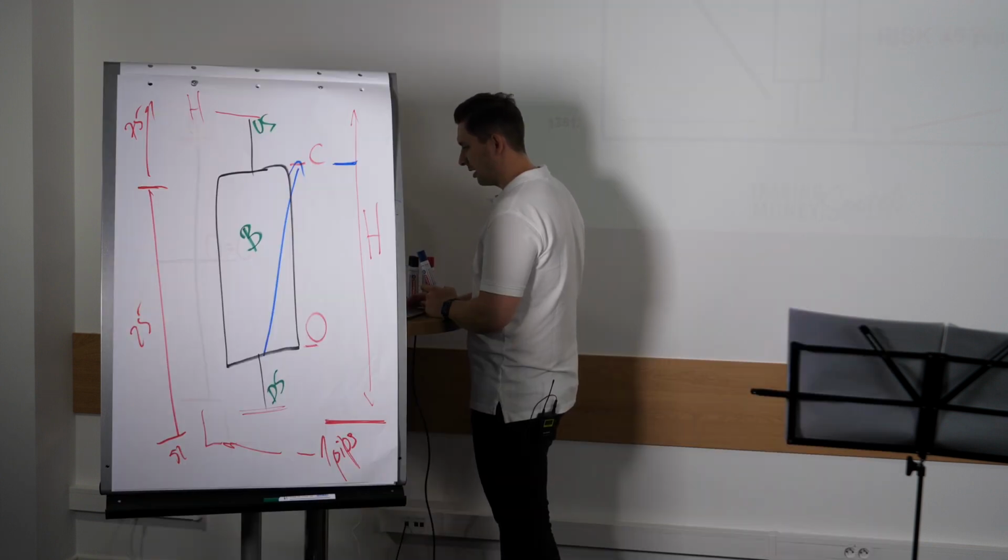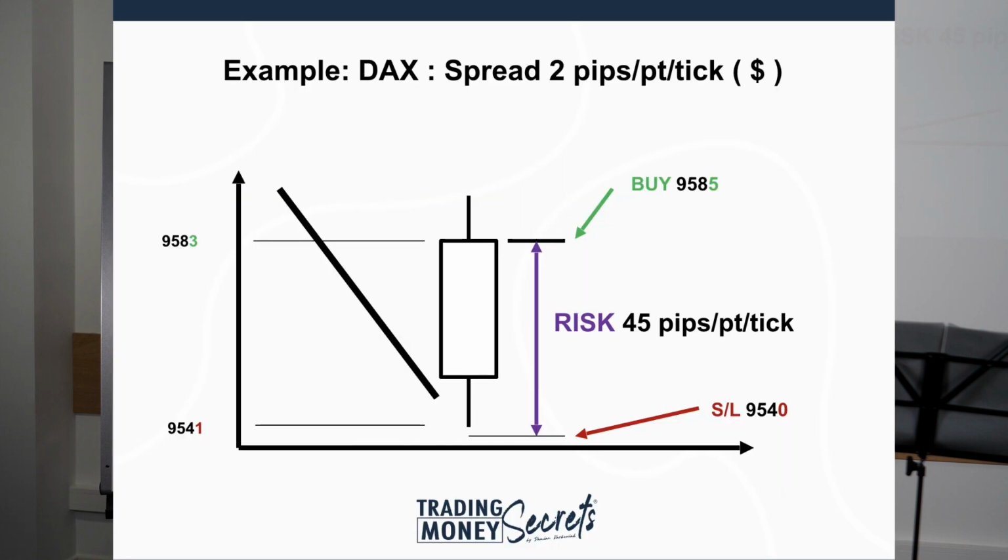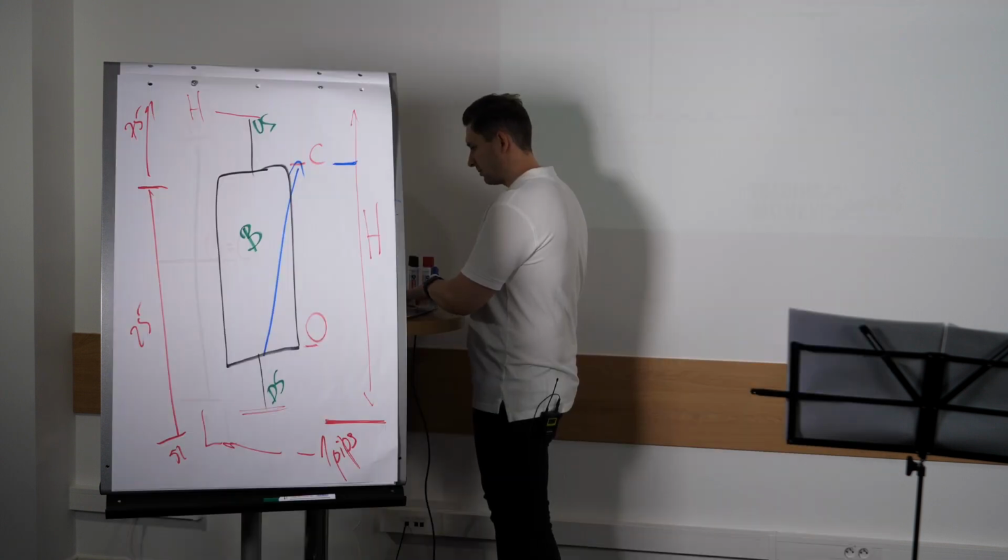The next one is homework, and the last example is the DAX, it's a German index. The close of the previous candle is at the level of 9583 plus 2, because 2 is the spread, it's 9585. And your stop loss 1 point below your low, so it's 9540. Your risk is 45 pips.